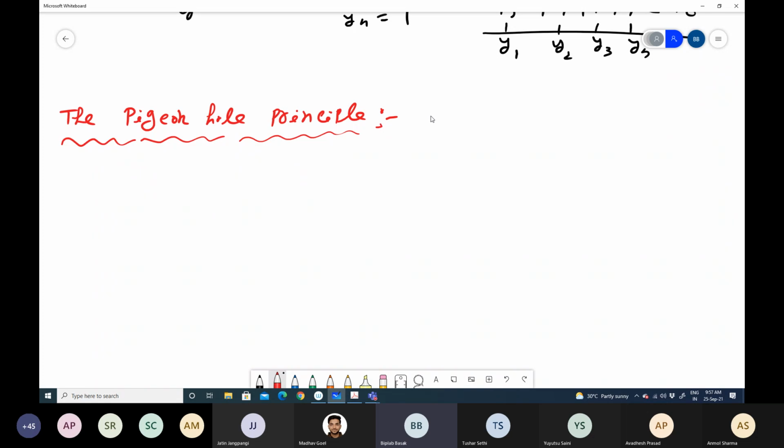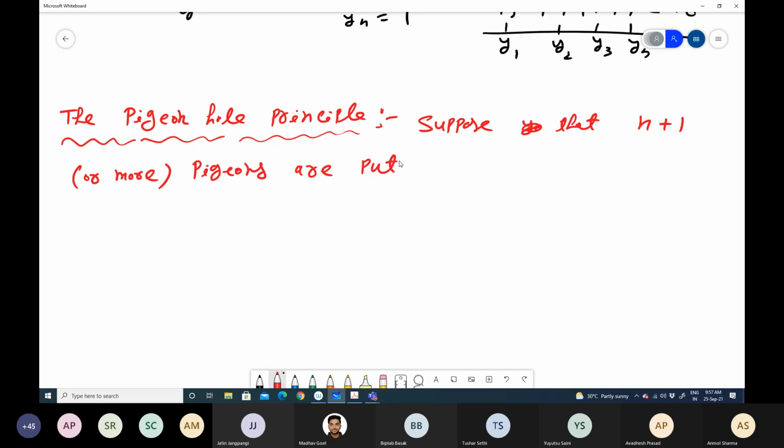The statement is: suppose that n plus 1 or more, so at least n plus 1, pigeons are put into n holes.